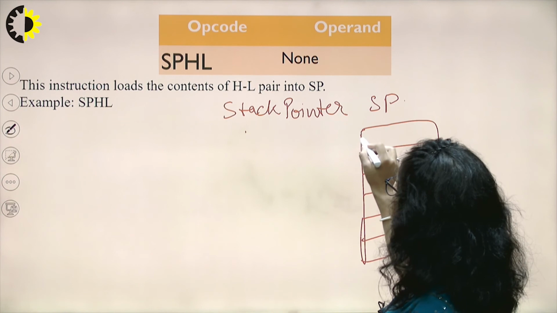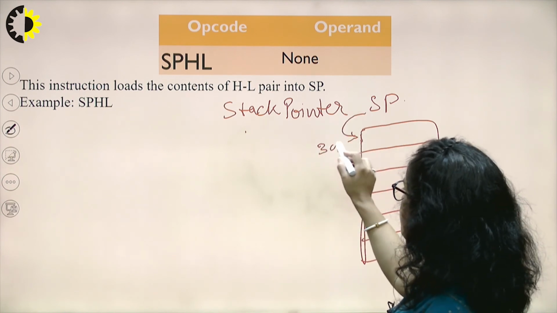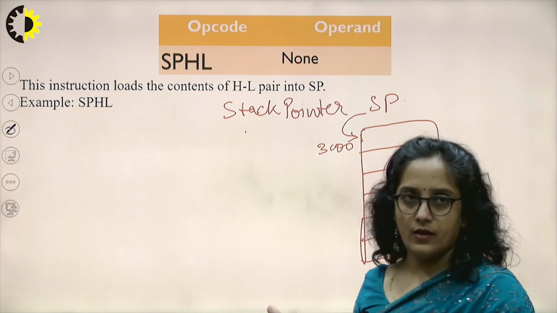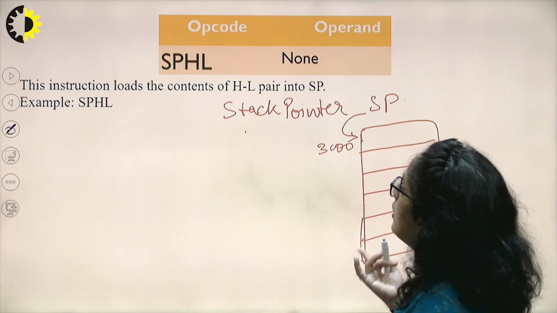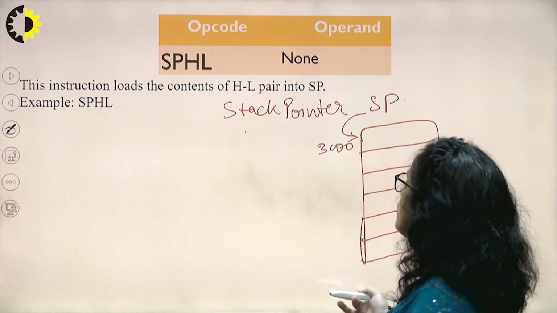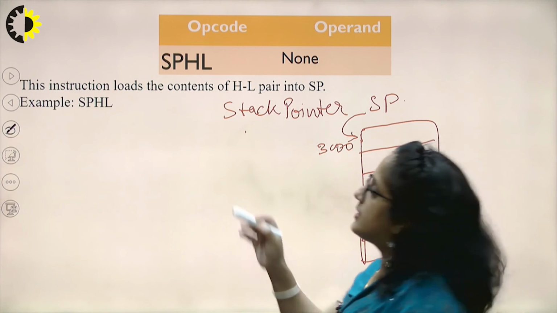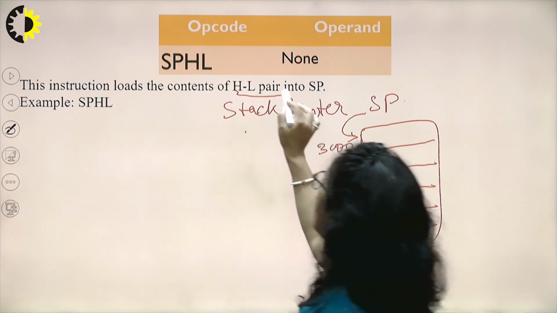Suppose it is pointing to memory location 3000 by default. Now if we have to change this location, instead of 3000 we have to shift to some other location. This instruction SPHL is used to load the content of the HL pair into SP.